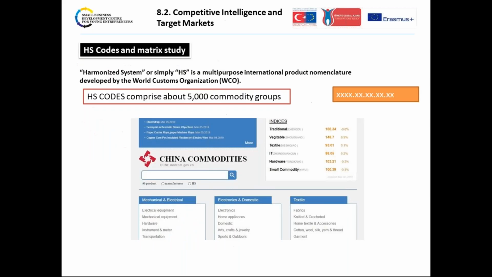So what is HS code? HS code is the harmonized system. This is used in all countries, and shortly we say HS code. So this is a kind of identification number of your product. Every product in the world has to take this HS code. Shortly, this is a multi-purpose international product nomenclature developed by the World Customs Organization.